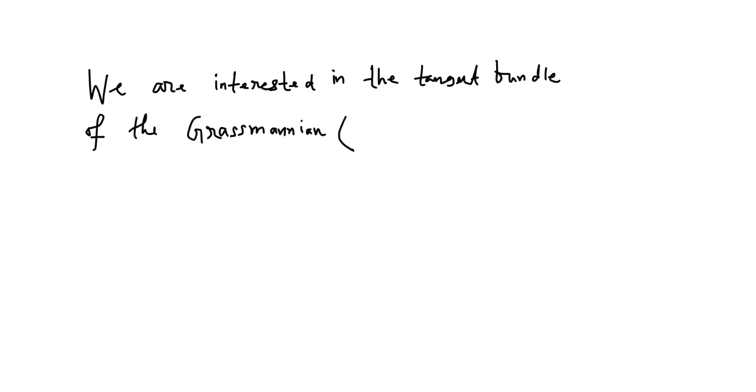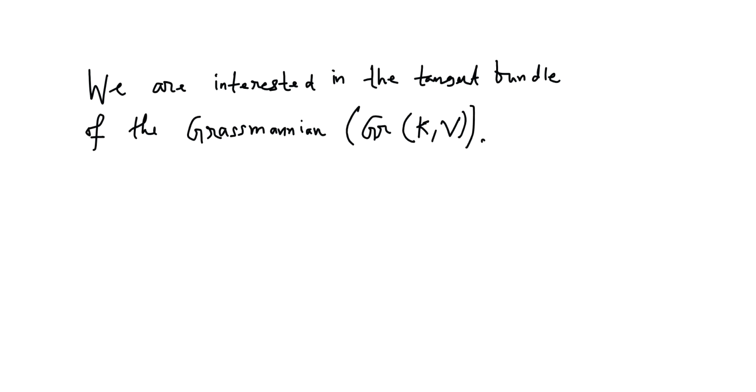This is denoted by GR(k,V). Suppose you have some n-dimensional vector space over the reals, and then if you look at the Grassmannian of degree k, that is a smooth manifold, as I explained in the last video.